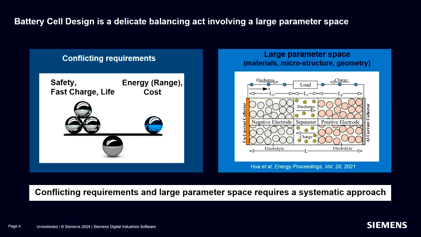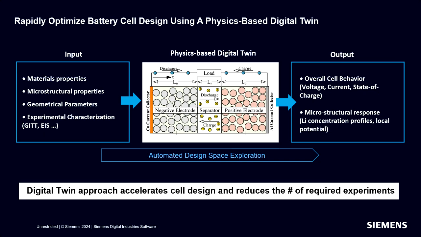So questions like what active materials will be selected for the anode, cathode, and electrolyte, what will be the size of the anode and cathode particles, and the volume fraction of the electrolyte, what will be the geometrical footprint of the battery cell, as well as the thickness of the anode, cathode, and separator are all types of questions that we need to consider. And because cell design involves a larger parameter space with conflicting requirements, a trial and error process is not really the right method. Instead, we need to take a more systematic approach.